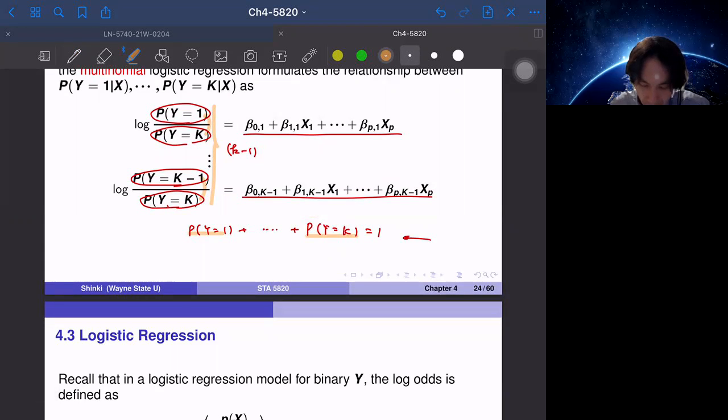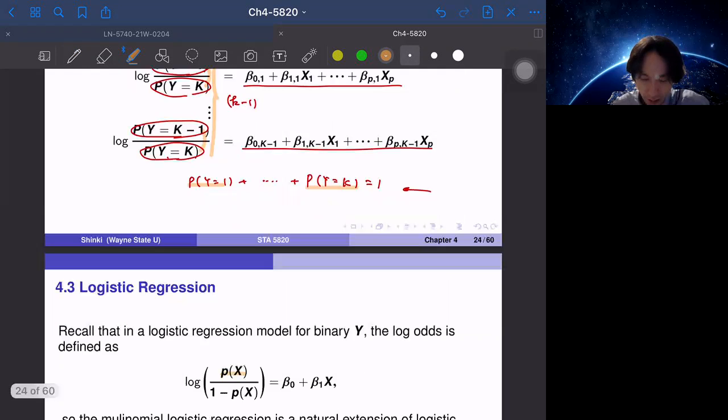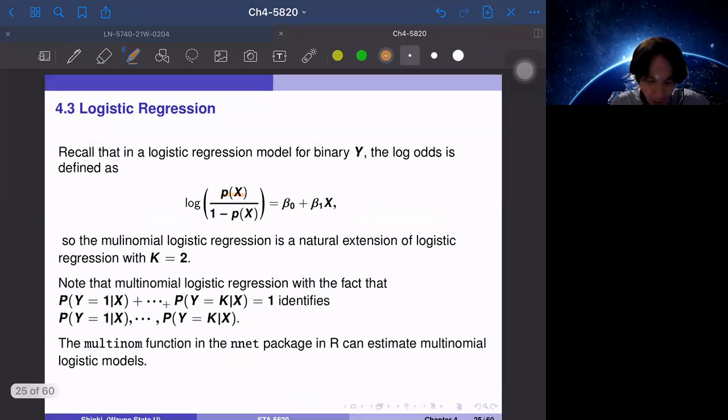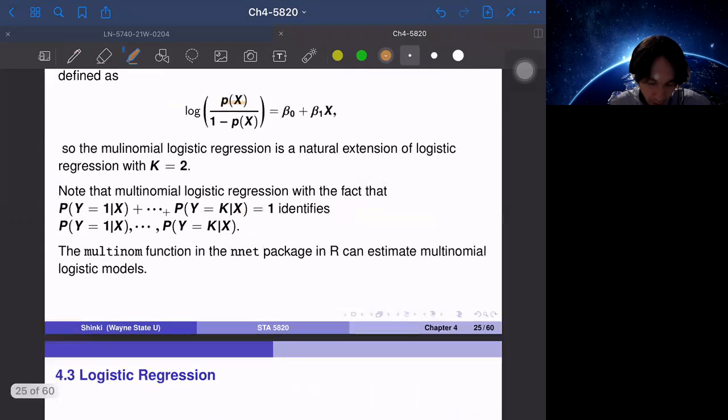A problem is that there are too many parameters. If the data set is small, the coefficients are not reliable. But still we can do that, and the multinom function in the nnet package in R can estimate multinomial logistic regression.